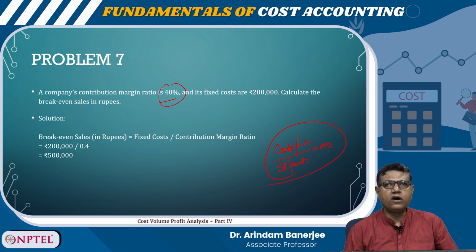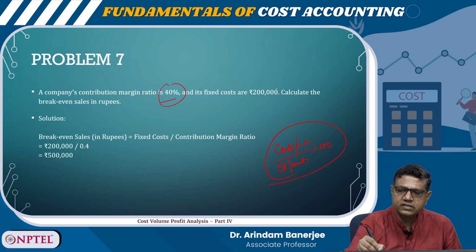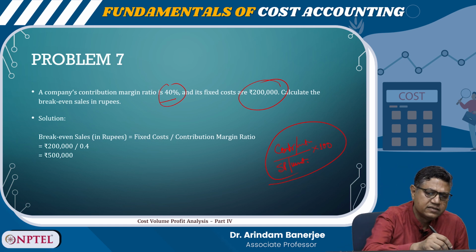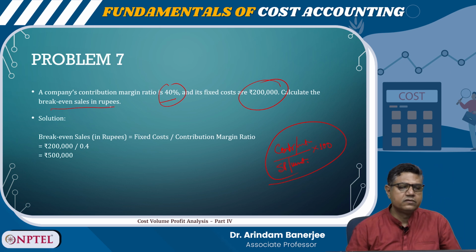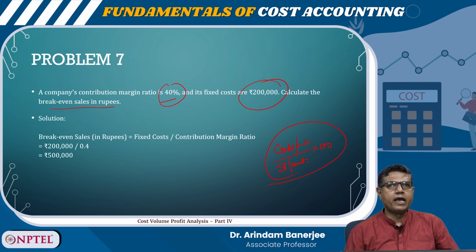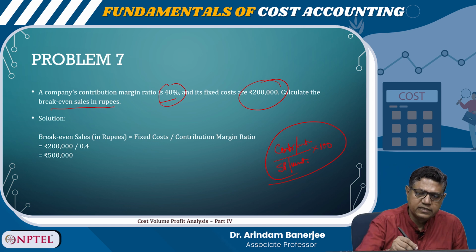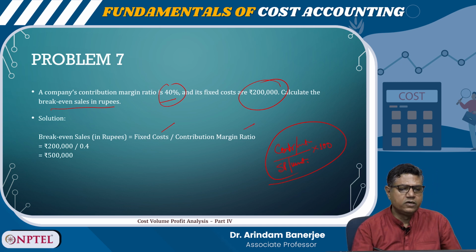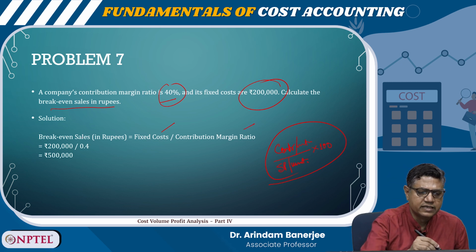and its fixed costs are given as 2 lakh. I need to calculate the break-even sales in rupees. So, break-even sales in rupees is fixed cost divided by contribution margin ratio. So, fixed cost is given, it is 2 lakh divided by 0.4.